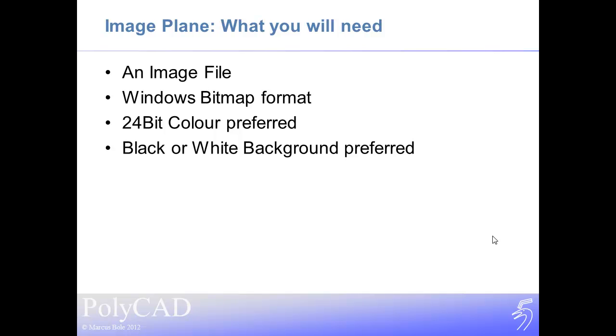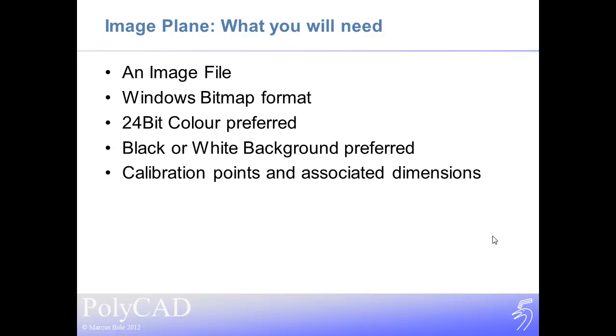Preferably, the image should have a black or white background to assist you in the digitization process. And you'll also need some areas of the drawing to calibrate that image, certain points, say water lines or buttocks or center lines, decks, to pick out particular features, and you'll need the associated dimensions of those features so that you can scale the image into the 3D model.